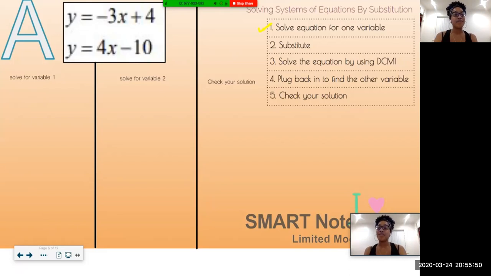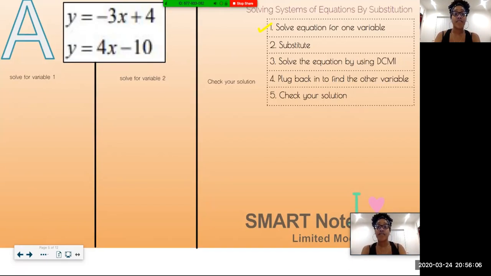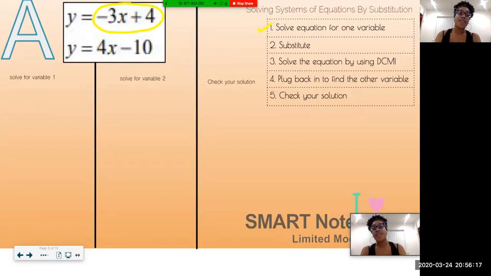All right. Step 2 says substitute. So what we're going to do when we substitute, we're replacing one of these variables in the equation with an equivalent expression, right? So here, they told us y is equal to negative 3x plus 4. And they also told us y is equal to 4x minus 10. So because y is equal to negative 3x plus 4, that means everywhere I see y in my equation, I can replace it with negative 3x plus 4.